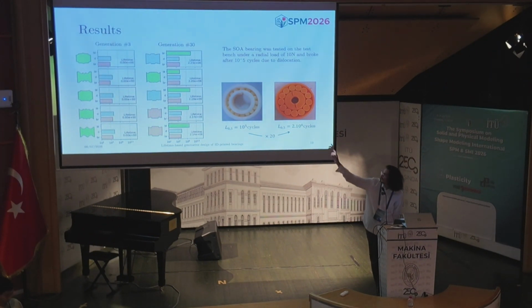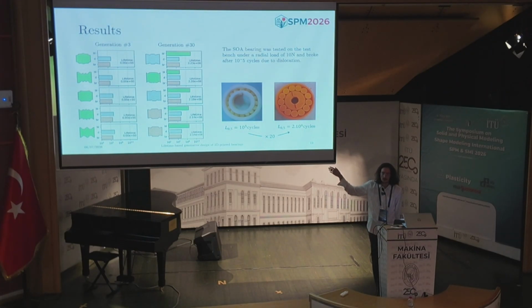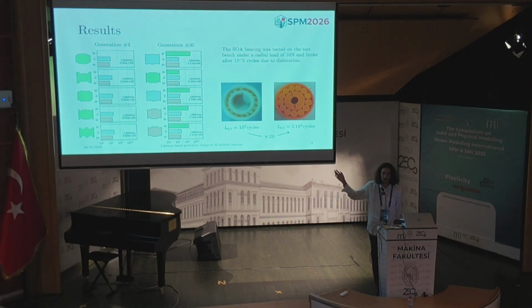If this bearing revolves during 100,000 cycles, it means that it rolls a lot. But it's nothing compared to the optimized geometry.